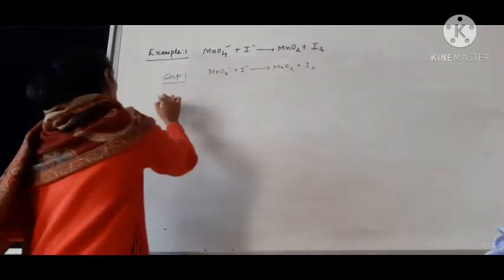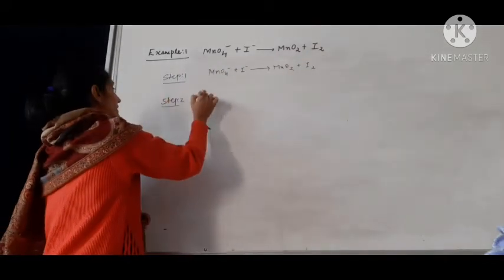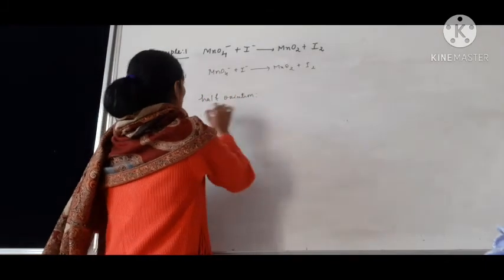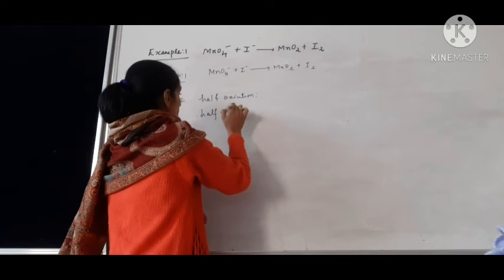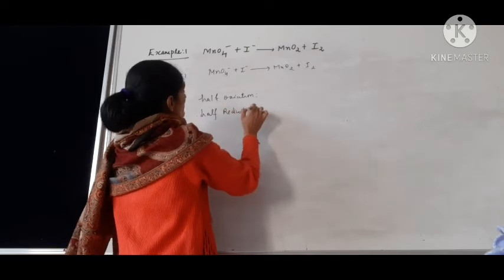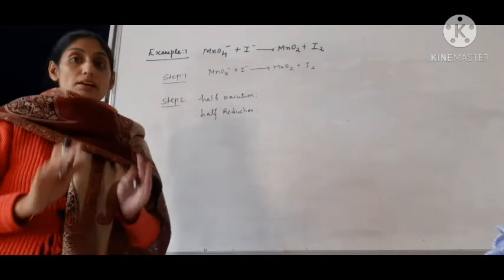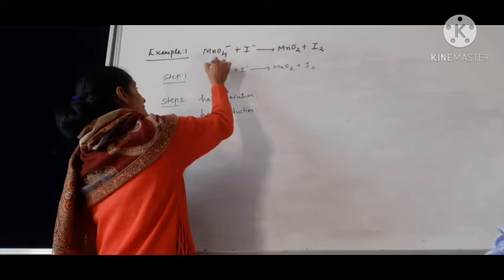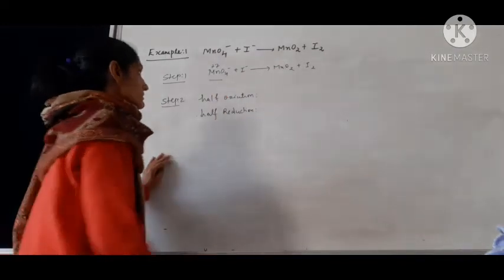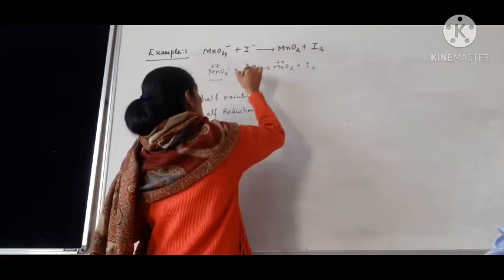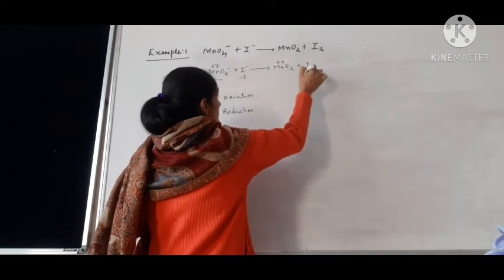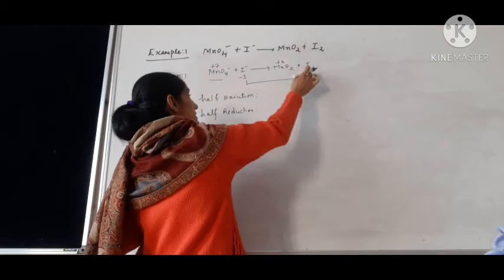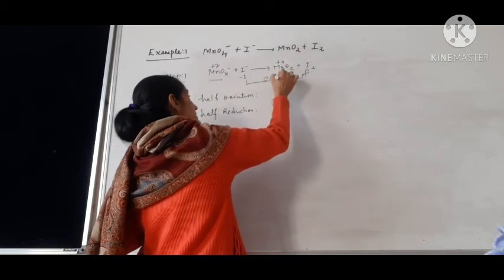Now step 2, we are writing the half oxidation reaction and the half reduction reaction. Let us see which one is half oxidation and which is half reduction. Here the oxidation numbers are: Mn is +7, then +4, then -1, and 0. Where there is an increase in oxidation number, that is categorized as oxidation.